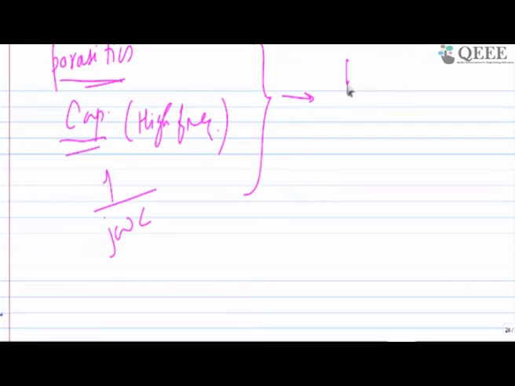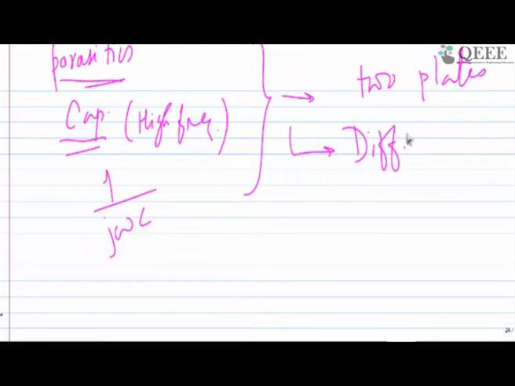We agree that whenever there are two plates, and whenever there is a difference in potential at the two plates, and there is frequency on both sides, then there will be coupling of the two plates by a capacitor.